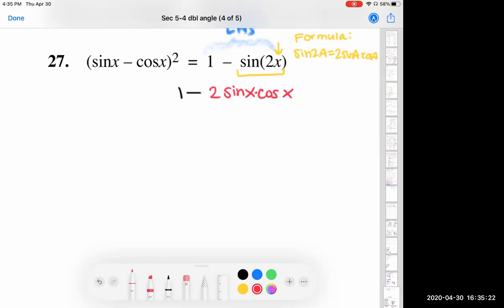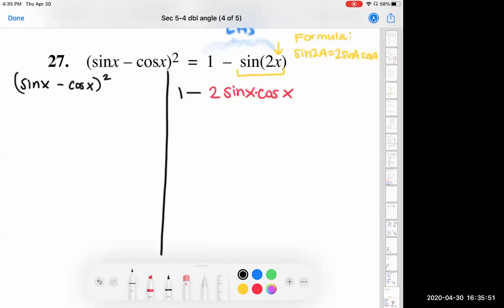Well, why don't we try working with our left-hand side? The right-hand side didn't work, so let's go with the left-hand side. In our right-hand side, we have sine of x minus cosine of x squared.